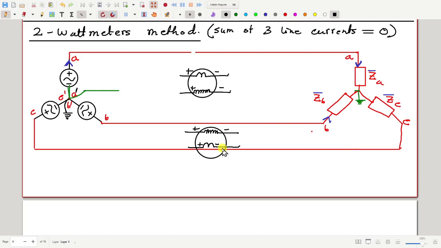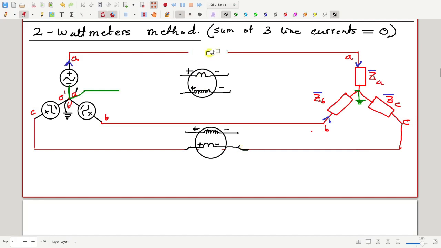For example, let me choose this line, because here it's easier to draw. So let me put this current coil here. Now this current coil, where would you like to put it, in line B or in line A? You can choose.